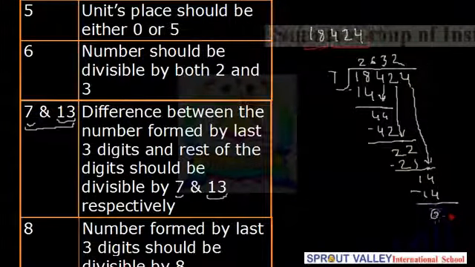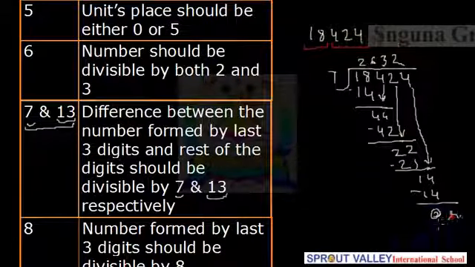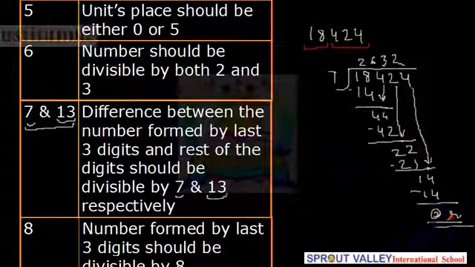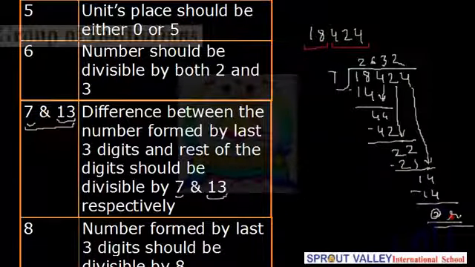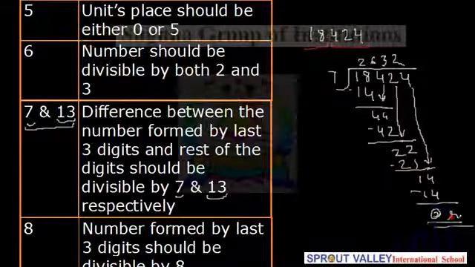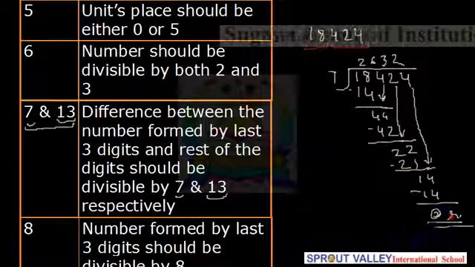And again we are getting remainder as 0, isn't it? So what does it prove? It proves that 18,424 is also divisible by 7. So this just proves our divisibility rule, right?